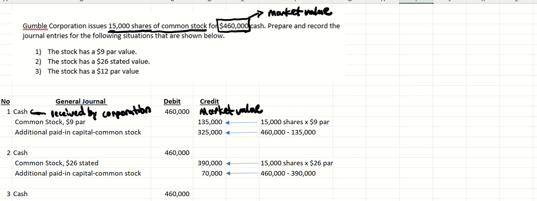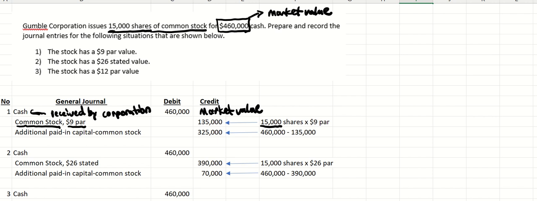So that's the debit. For the credit, as you see here, there are two accounts that are credited. The first account is common stock. We have to credit this account, and we see it's $9 par. So we're going to take that $9 par and multiply it by the 15,000 shares that were issued to the shareholder, assuming that one shareholder paid $460,000.